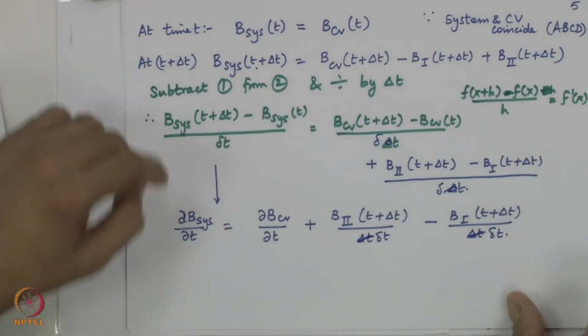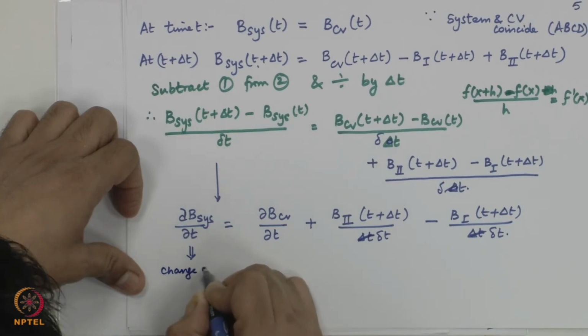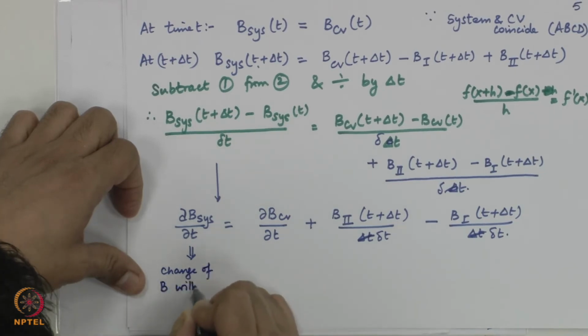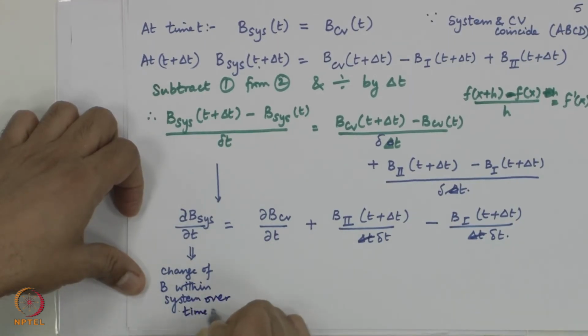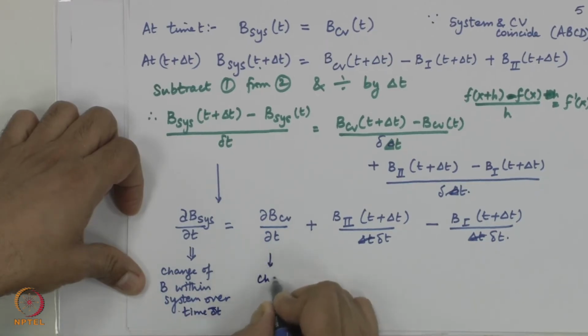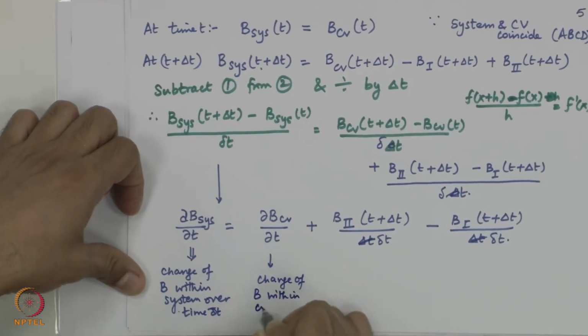Okay, so dB of system is going to be the derivative. So B1 and B2 we are going to say: this we have tracked as change of B within the system over time delta t, and change of B within the control volume over time delta t.